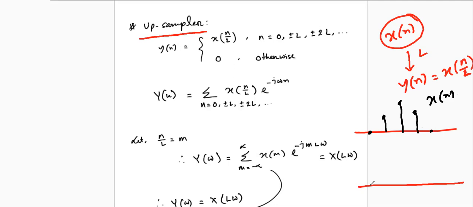We are introducing some extra samples in between. I believe you can recall this. So that is the sequence. After that, if we pass it through a low pass filter, it might look like this. Previously, it was like this, and now it looks like this.